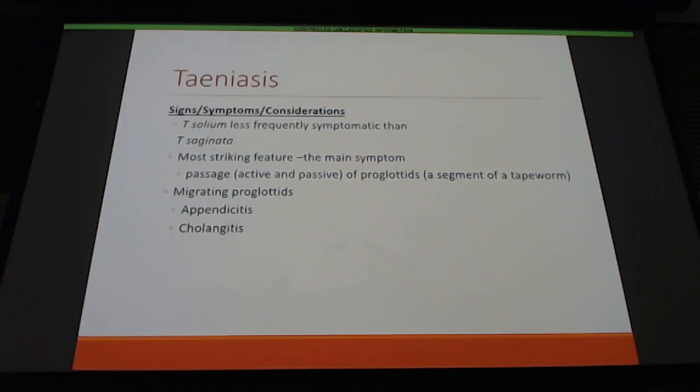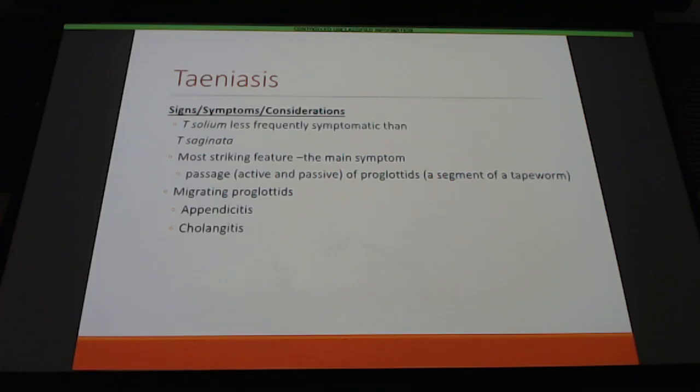So passive, pass it out of your standard stool. Active, the worm is actually, for lack of a better word, irritating the rectum to make those eggs go out of the system, even though you're not pooping.